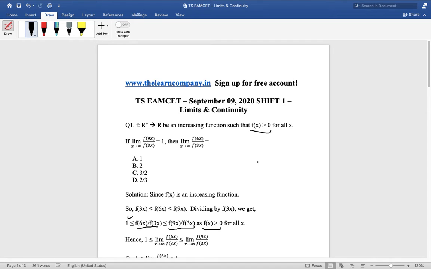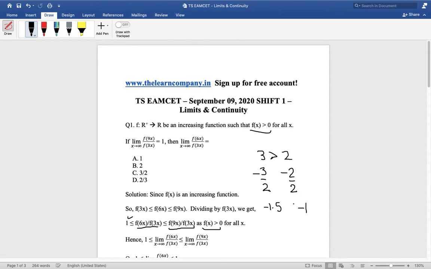If we say 3 is greater than 2, and if I divide both sides by minus 2, then I cannot say that minus 3 by 2 is greater than minus 2 by 2. This is minus 1.5 and this is minus 1.